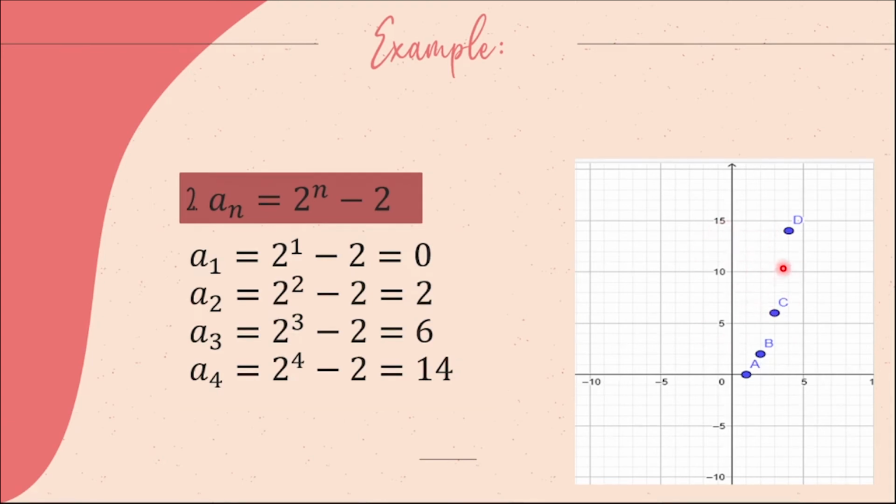You will notice on this one, see how the variable is in the exponent position, so this is an exponential function, and you can see it's growing faster and faster like that.